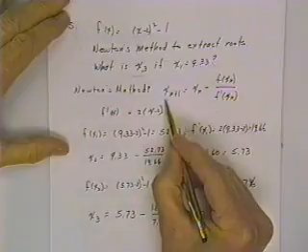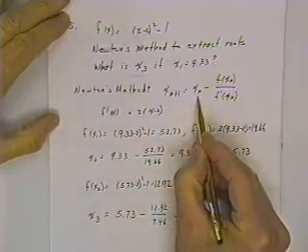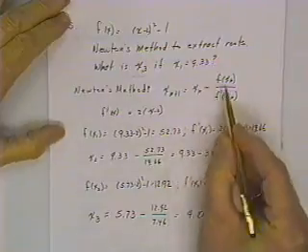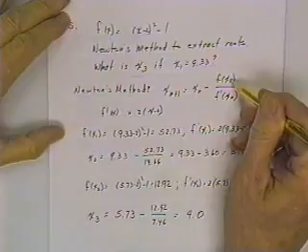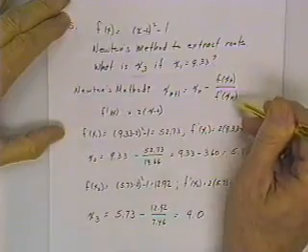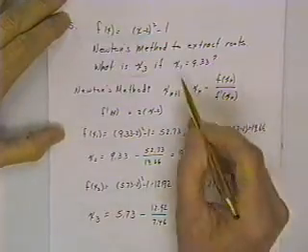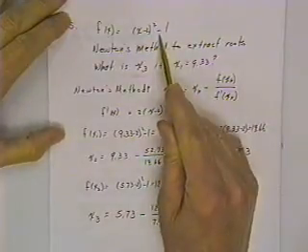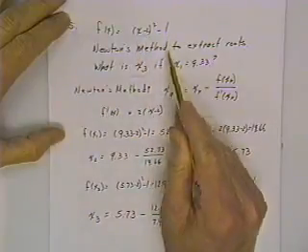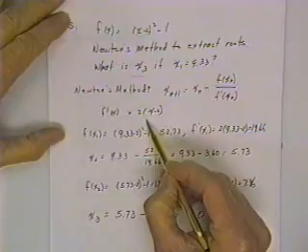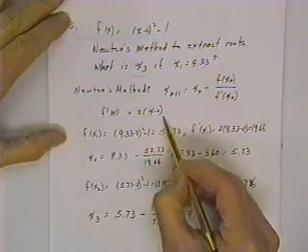Now, in Newton's method, the n plus first guess is equal to the previous guess minus the function evaluated at the value of the previous guess divided by its first derivative, evaluated at the same place. We can look at the original function, x minus 2 quantity squared minus 1, and we can readily calculate its first derivative, which is just going to be 2 times x minus 2.